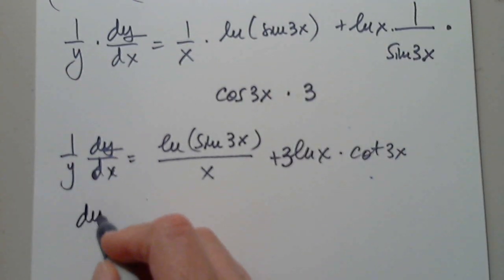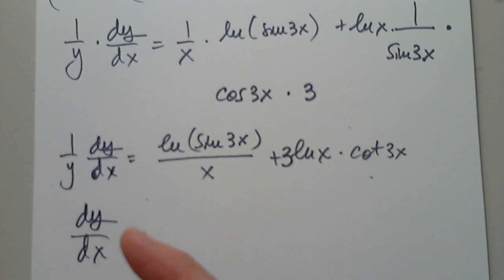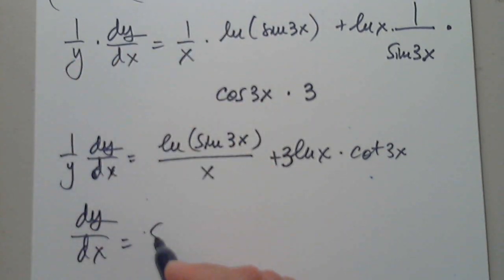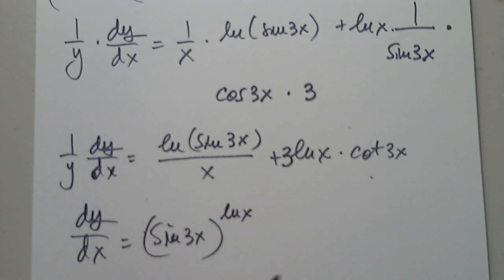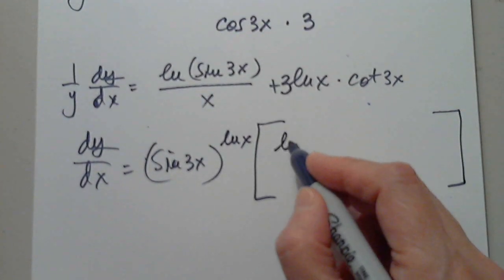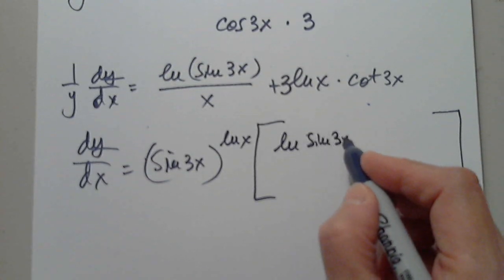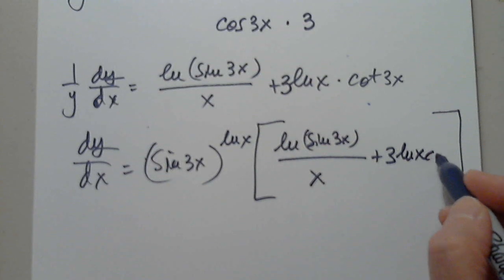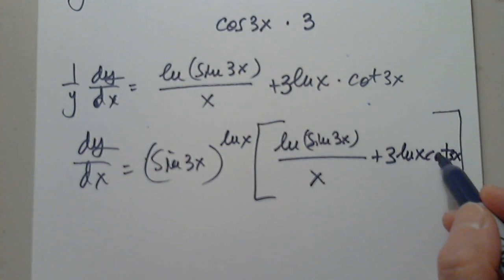Now I write dy over dx equals. Multiply both sides by y, but I will replace that. Sine 3x raised to natural log x, because that's what y is. In brackets, careful, in brackets all this. So natural log of sine 3x over x plus 3 natural log x cotangent 3x.